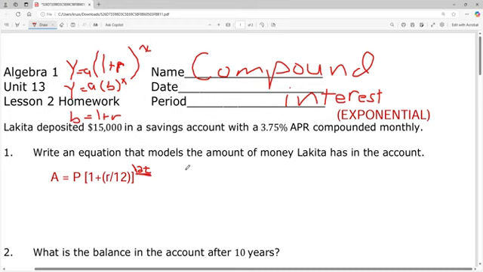Okay, so we're going to model this here. Our a value is the final value at any given time, equals p, which was our initial principal of $1,500.